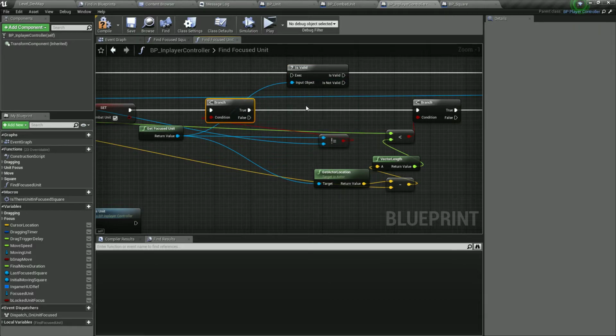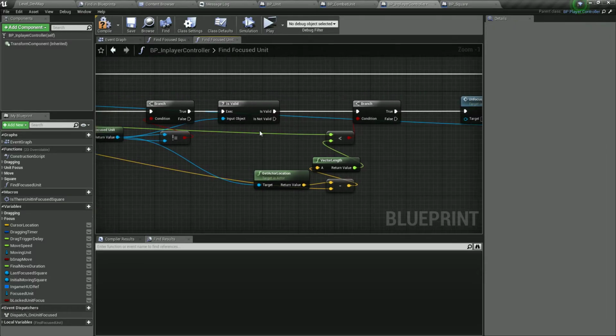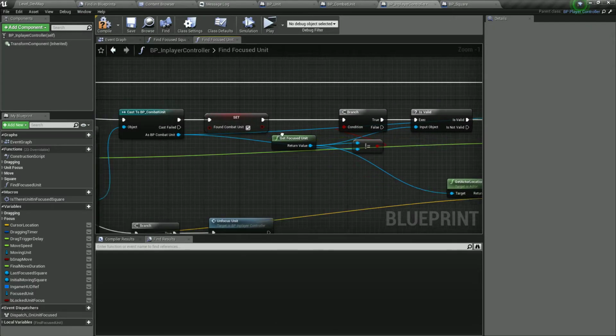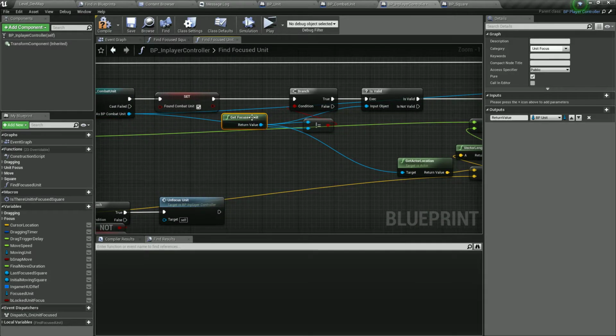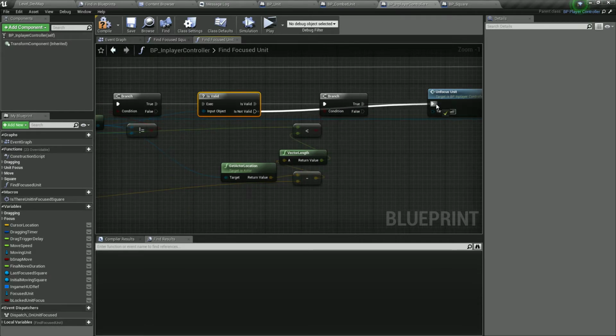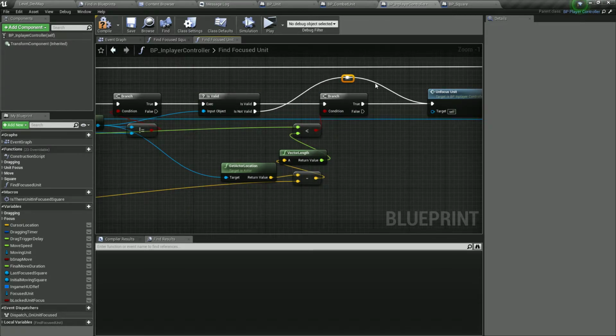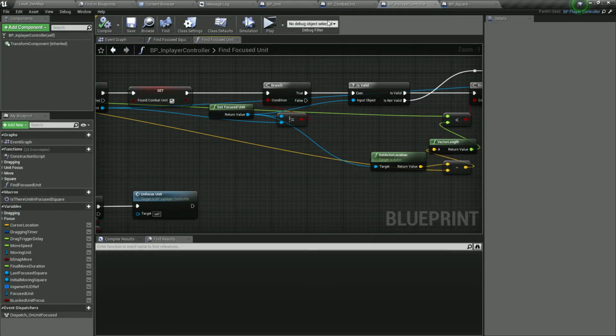So we'll just do this. If we have a focus, if the actor we hit is a combat unit and it's different from the unit we recorded, and if we actually have a unit recorded, we are checking the range, else we are just moving straight to the focus unit, so we won't have the error anymore.